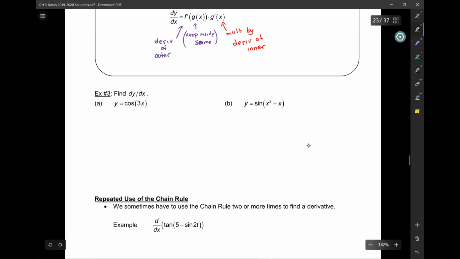Okay. So here we go. dy dx. You can get nowhere unless you figure out which one is the outer and which one is the inner. So what's outer here? What's inner? 3x. Okay, so dy dx, here's how I'd like to do it, is cosine.